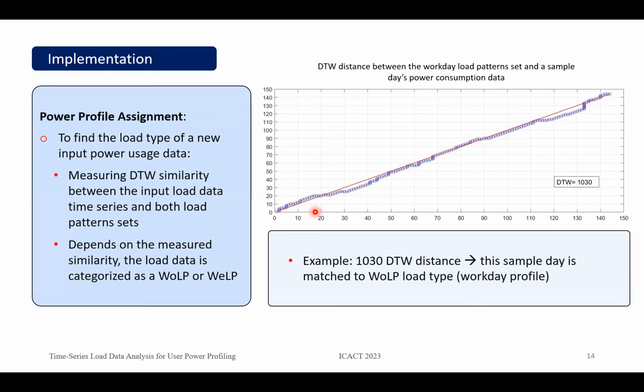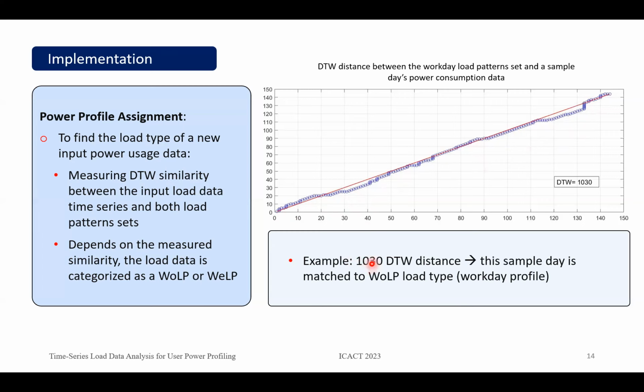We don't know whether this day is a workday, a holiday, or a weekend. So we measure the DTW distance or similarity between this data point set and each of our predefined profiles, the workday load pattern and the weekend load pattern. For example, the distance between one day's consumption data points and a workday load pattern is shown in this figure. As you can see, the distance between these two data sets is 1030.